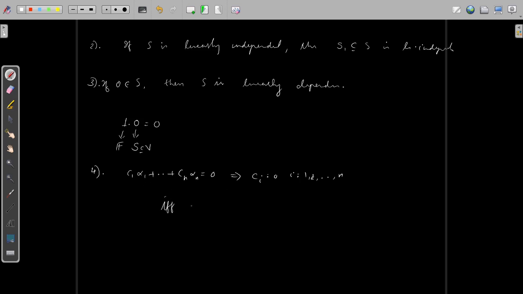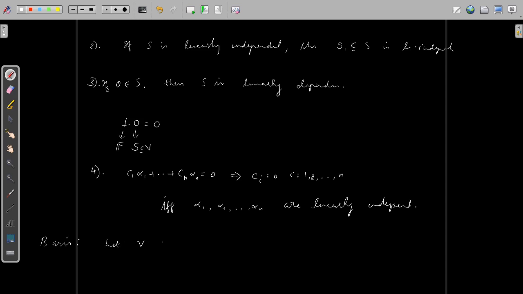If this holds, we can say that the elements alpha 1, alpha 2, etc., alpha n are linearly independent. So in order to verify that a set of vectors is linearly independent, we have to verify this: C1 alpha 1 plus C2 alpha 2 plus etc. Cn alpha n equal to 0 implies each C is equal to 0. Now this will enable us to define a basis of a vector space.